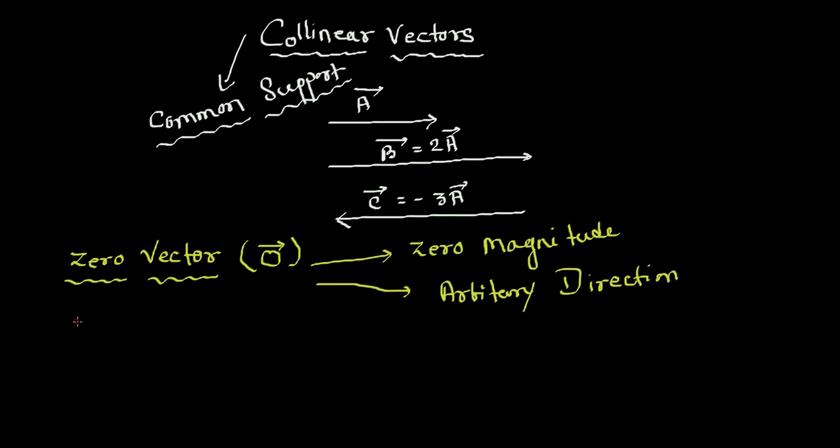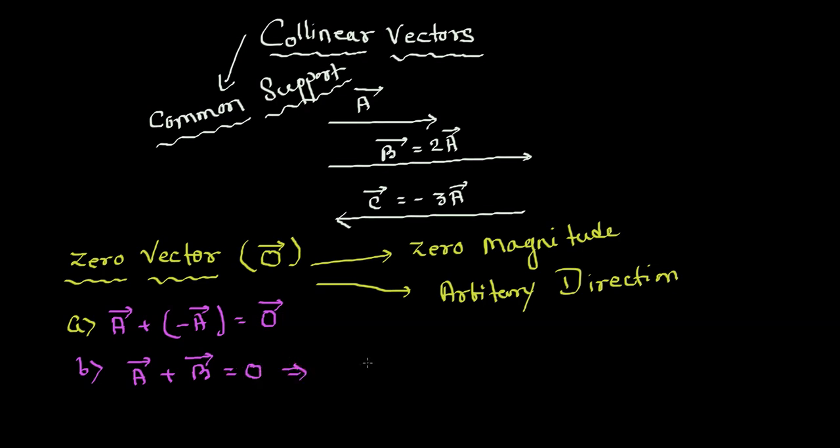For example, mathematically we can prove it in different ways. Suppose a vector plus negative a vector, it becomes 0. That is also a vector. B, if a vector plus b vector, the sum of these two vectors becomes 0, it is only possible when a vector is equal to negative b vector.